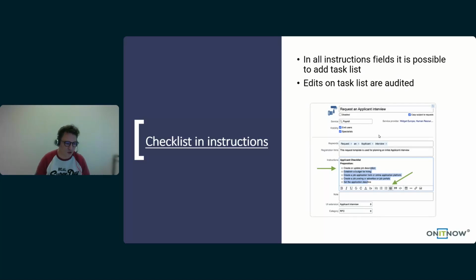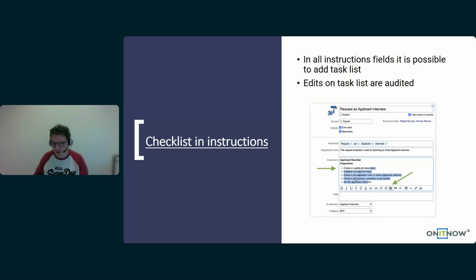It says what you need to do to finish the task, and now it's possible to also create checklists in those instructions, which can help even more to finish the task.